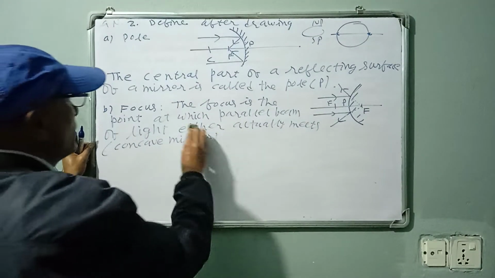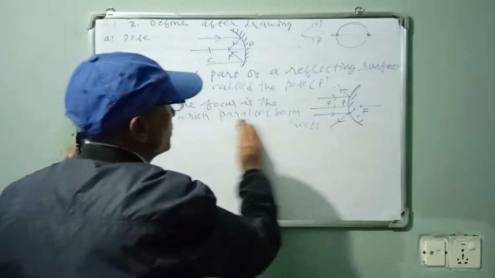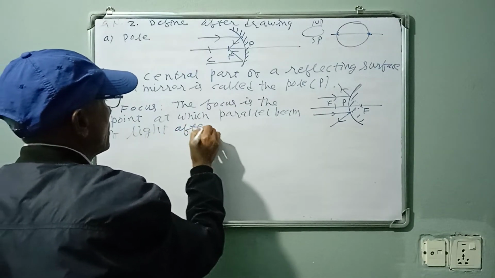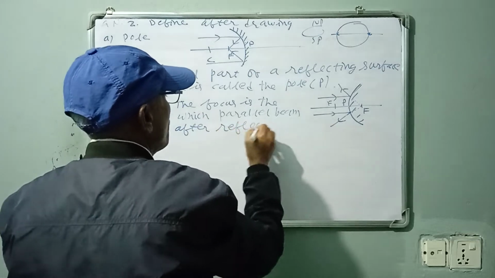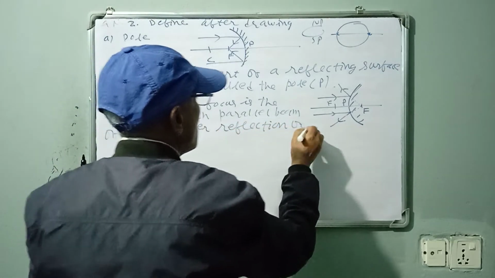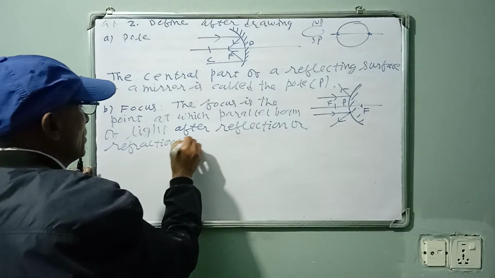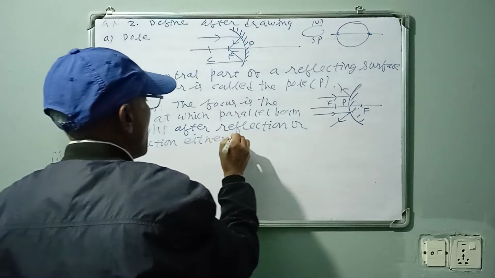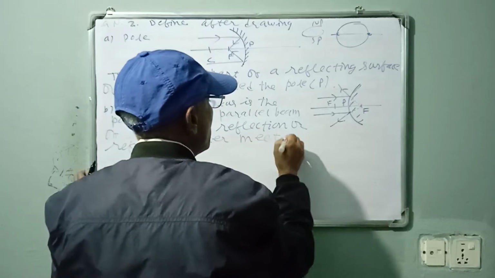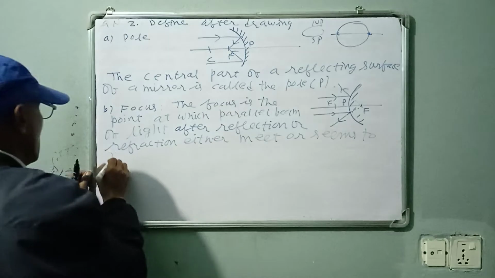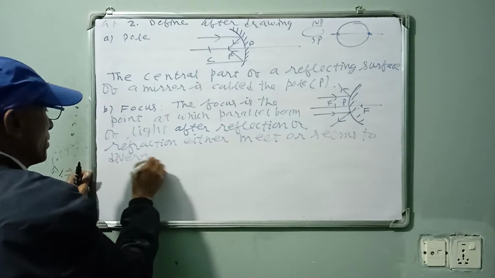Parallel beam of light after reflection or refraction either meets or seems to diverge.